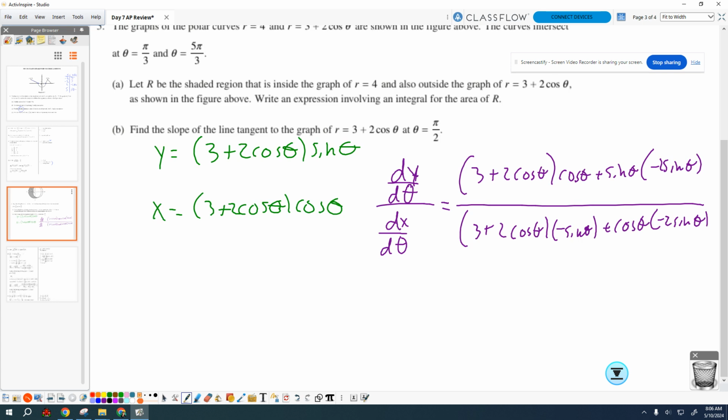And then don't simplify anything from there. We want to evaluate dy/dx at theta equals pi over 2. Cosine of pi over 2 is 0. Sine of pi over 2 is 1. And then be careful with this one.